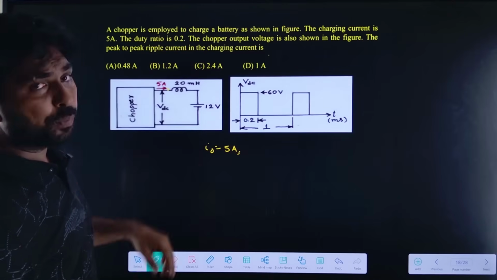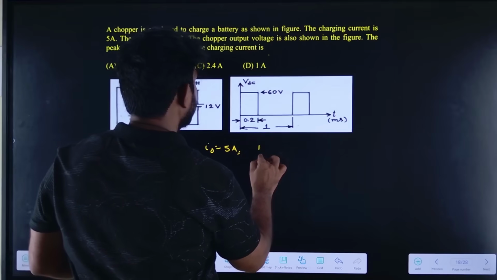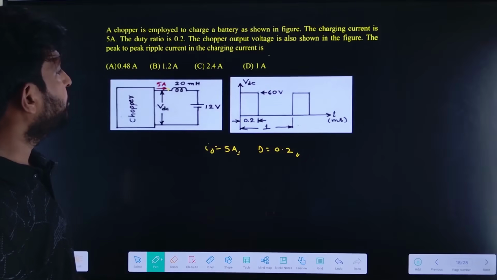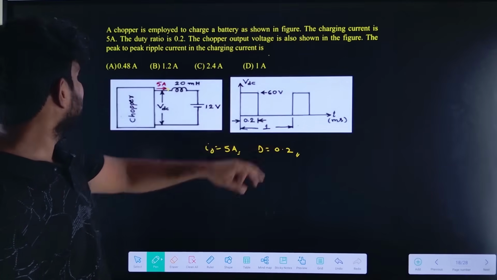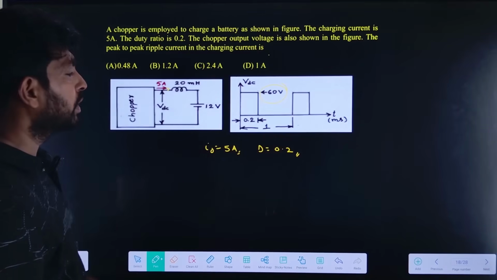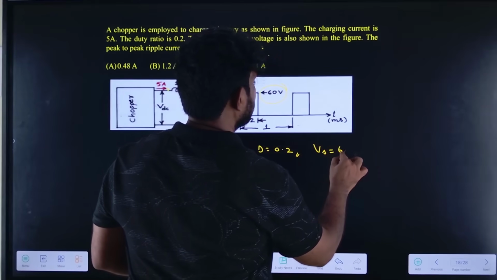The duty cycle is given as 0.2. The input voltage Vs is given as 60 volts.